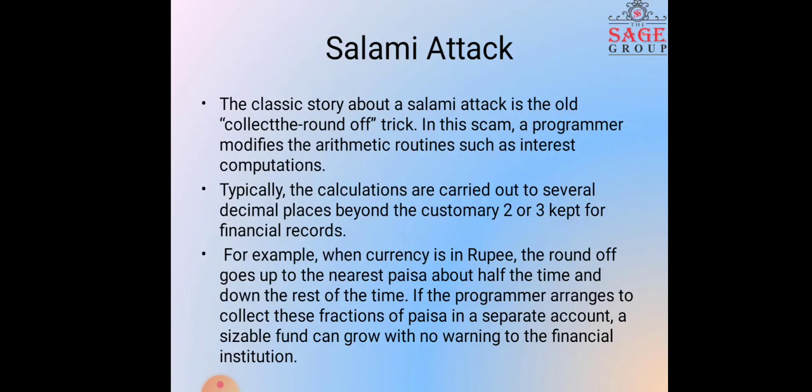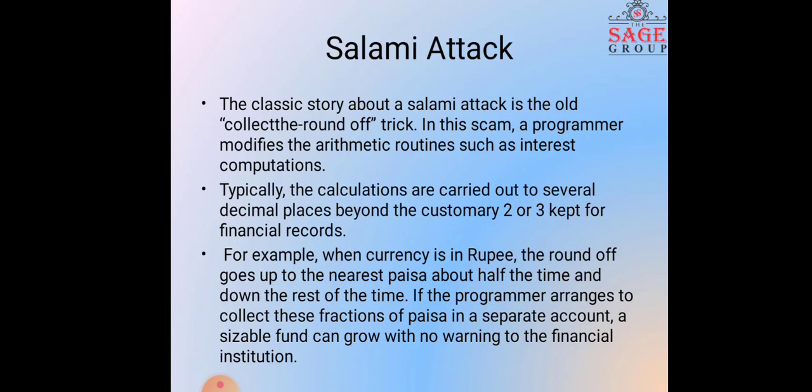The classic story about the Salami attack is the old collect-the-roundoff trick. In this scam, a programmer modifies the arithmetic routine, such as interest computation, and the computations are carried out several decimal places beyond the customary two or three kept for the financial record. Actually, this type of attack has already been done somewhere in the USA, not in India.